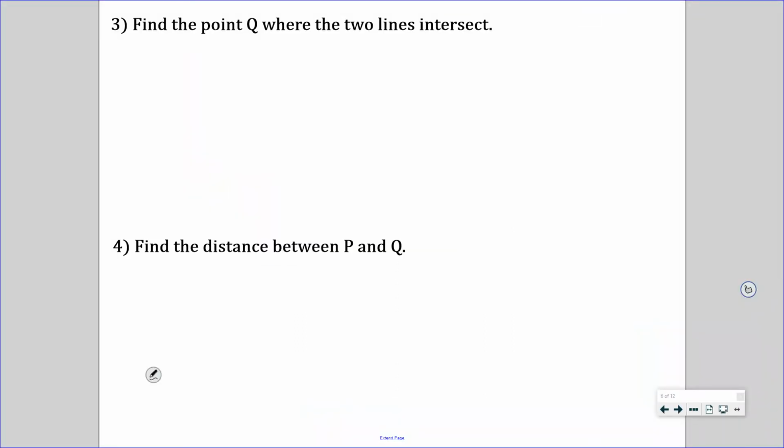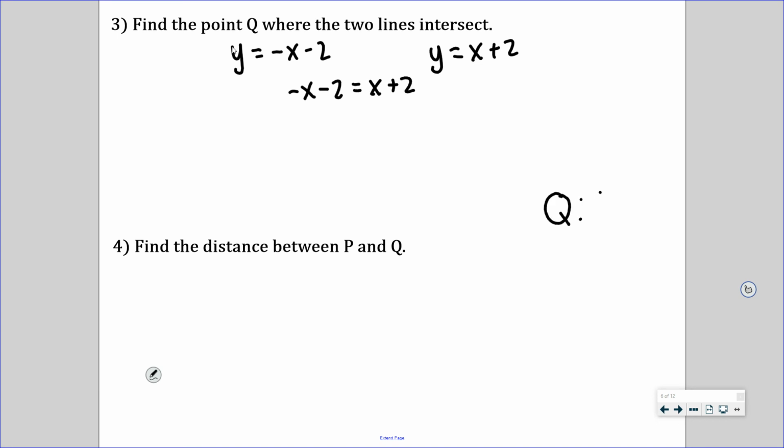So go ahead, take your 2 equations. Set them equal to each other. And find both the x-coordinate and the y-coordinate of where those 2 lines intersect.